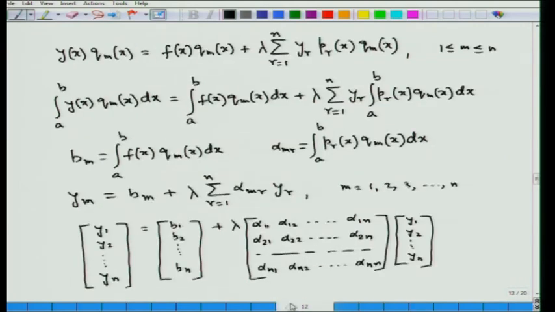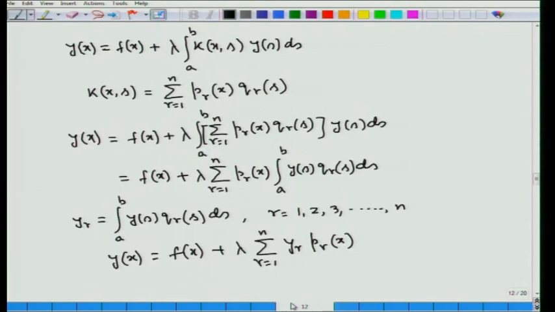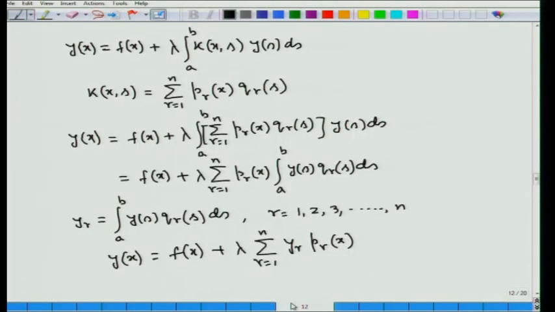So, that means what we have discussed today is that a non-homogeneous Fredholm integral equation with separable kernel can be converted into a system of linear equations. And here we have considered a very simple example where we have obtained a unique solution for specific values of lambda.